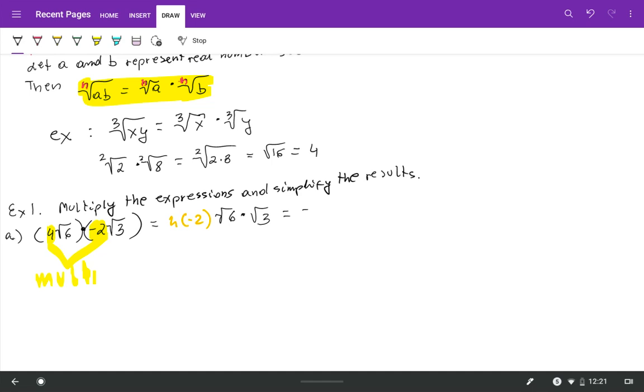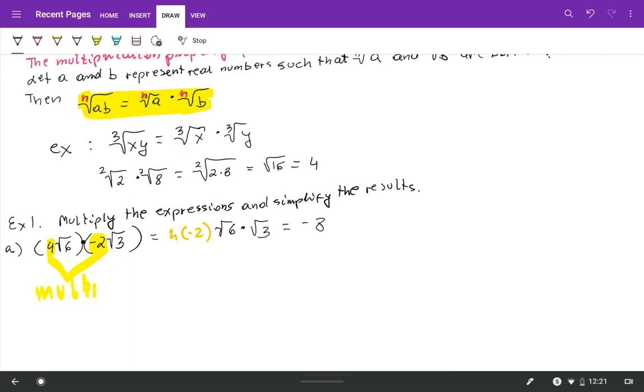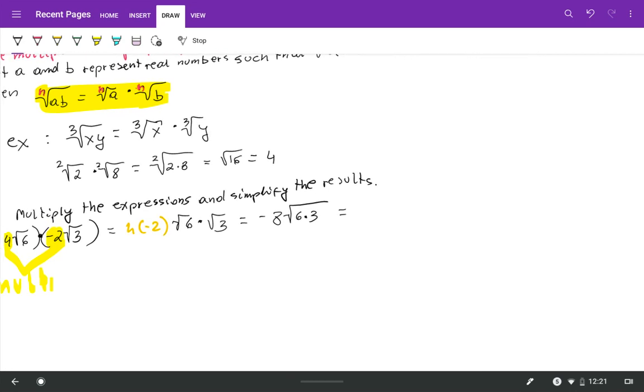So we end up with negative 8. And now we can use the multiplication rule of radicals because we have square roots, so the index is 2. So you can just put one radical and multiply the numbers under it. So that will be 6 times 3. Okay. So we have negative 8 square root of 6 times 3, which is 18.